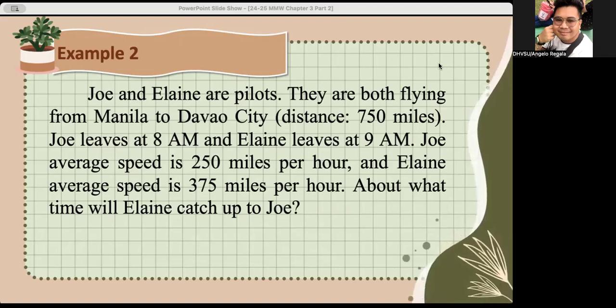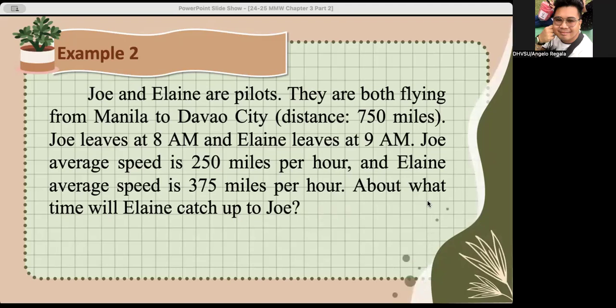They are both flying from Manila to Davao, which is approximately 750 miles. Joe leaves at 8 a.m. and Elaine leaves at 9 a.m. So iba yung timeline nila. Joe's average speed is 250 miles per hour and Elaine's average speed is 375 miles per hour. So about what time will Elaine catch up to Joe?